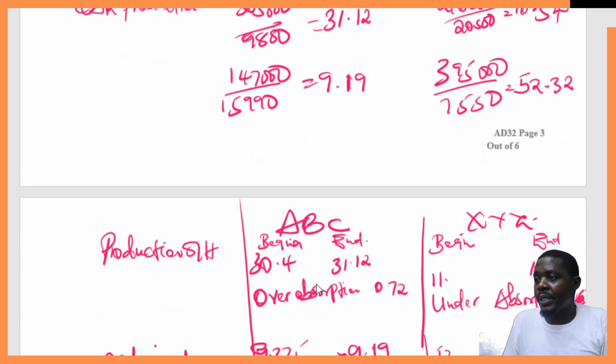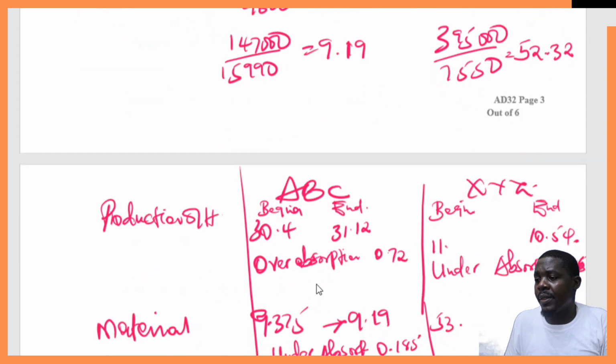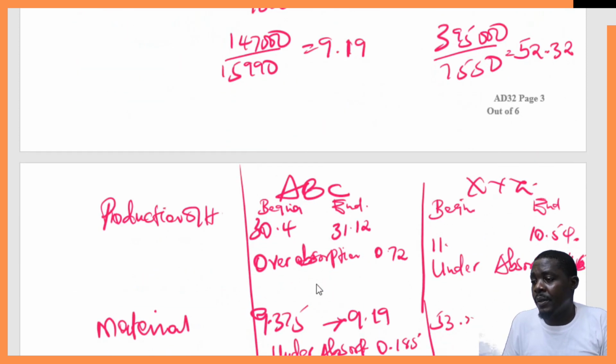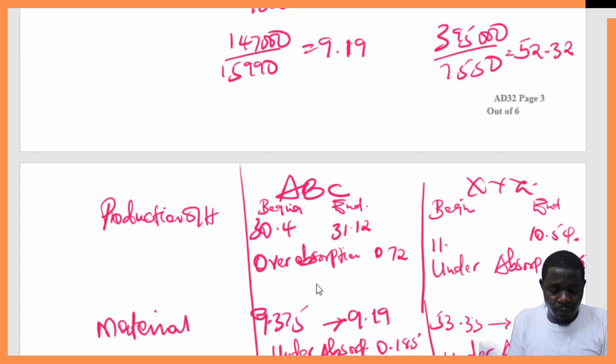Then for XYZ at the beginning it was 53.333. Then at the end it was 52.32. We had under absorption of 53.33 minus 52.32, which is 1.01.